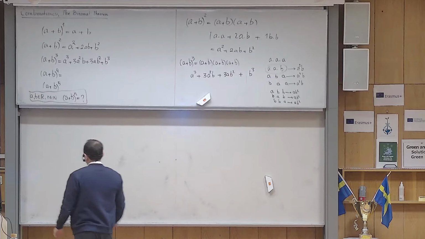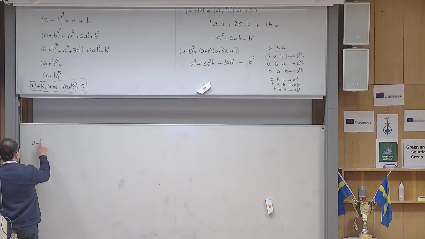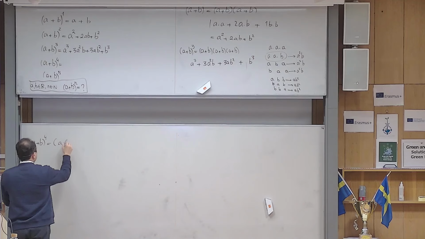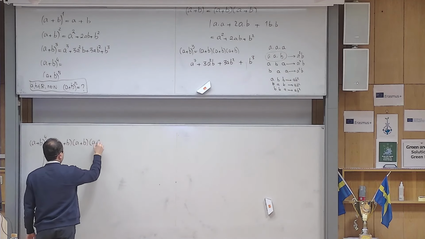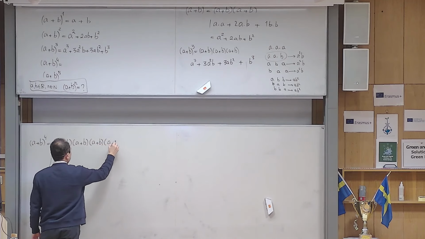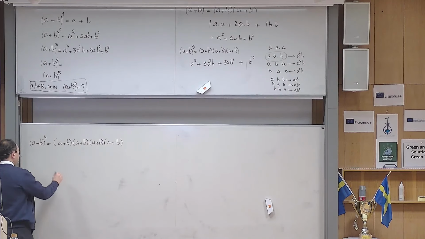So for (a plus b) to the power of 4, it becomes a plus b, a plus b, a plus b, and a plus b. Yes? So you can imagine that you are supposed to expand this.